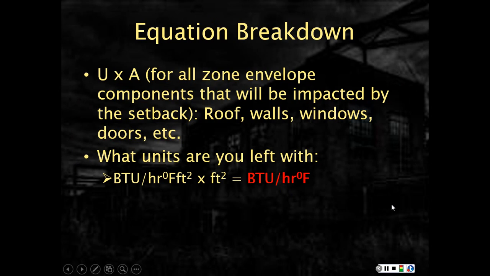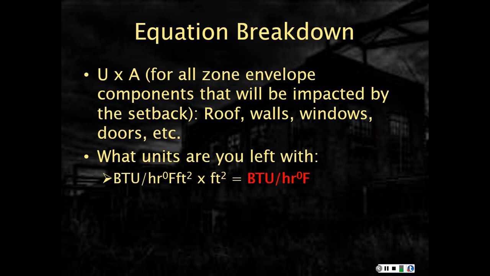So if we look at the equation breakdown, the very first thing that happens is we calculate the U times A for all zones in the envelope that are going to be impacted by the setback. So if a zone includes part of the roof, some walls, some windows, some doors, I need to calculate the U value for all those components and multiply by the area.